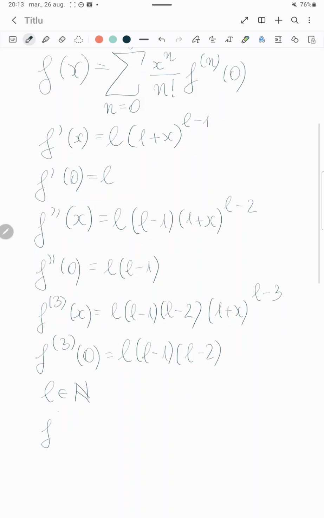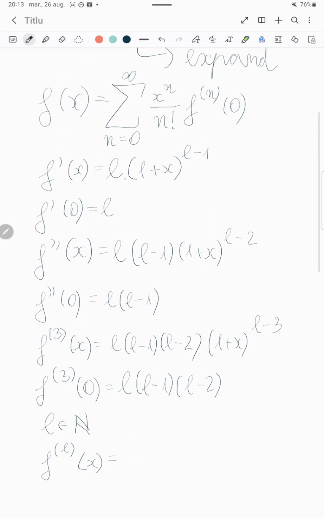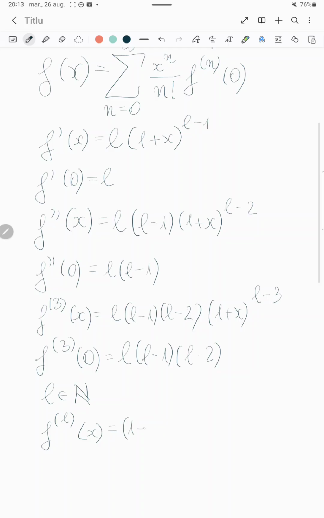We will have the nth derivative of f at the point x, and as a general rule, here we have L times 1 plus x to the power of L minus 1, here we had 1 plus x to the power of L minus 2, here 1 plus x to the power of L minus 3. So logically, we will have 1 plus x to the power of L minus L.